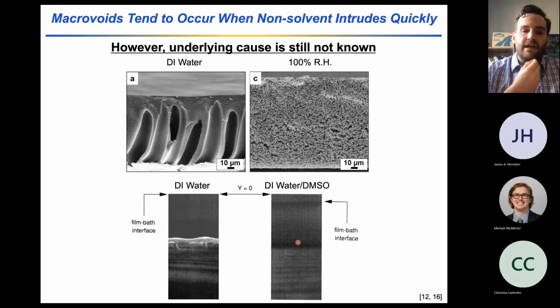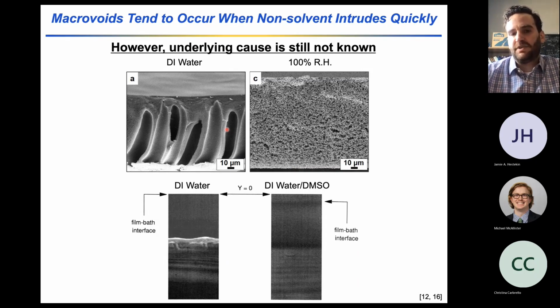One large outstanding issue that hasn't been understood in great detail is the formation of macrovoids. I'll show you two micrographs, one with macrovoids on the left, these large finger-like structures, and another on the right with a spongy-like structure. Both materials were cast from the same weight percent of polysulfone in solvent.